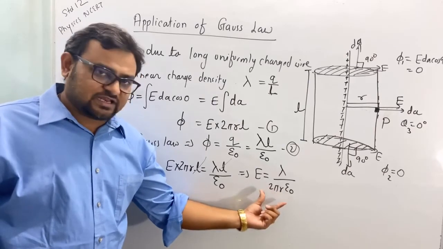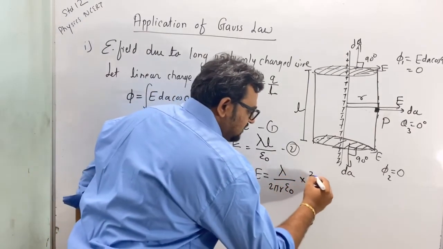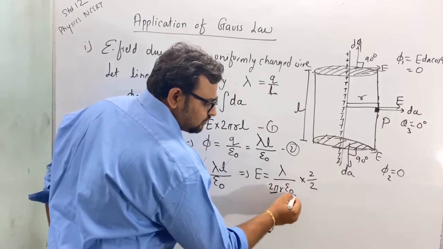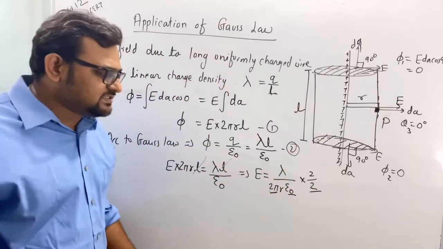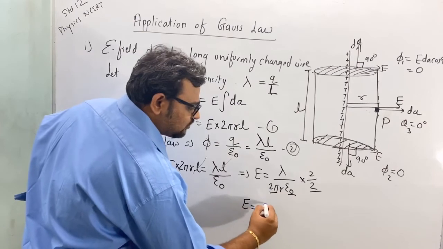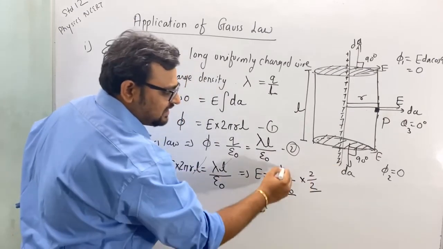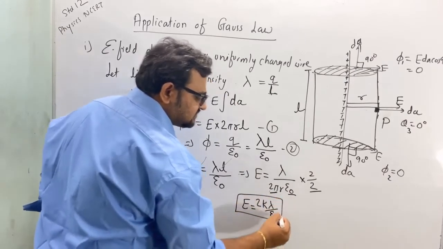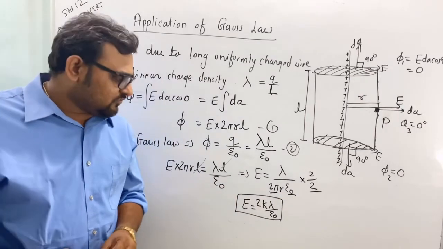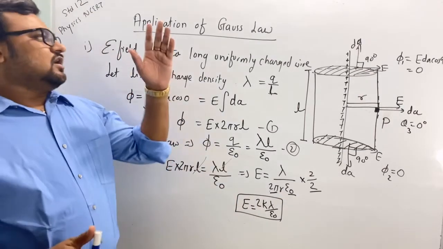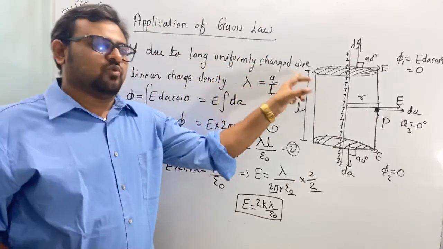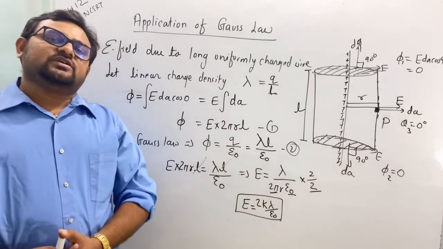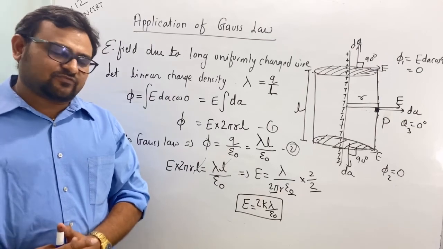So the electric field at a perpendicular distance r from a long wire is lambda upon 2 pi r epsilon 0. Now, multiply by 2 and divide by 2: 2 into 2 is 4 pi epsilon 0. One upon 4 pi epsilon 0 is K. So the electric field will be K, and what remains is 2 lambda by epsilon 0. Sorry, 2K lambda by epsilon 0. So the formula for the electric field of a long uniformly charged wire is E equals 2K lambda by epsilon 0.